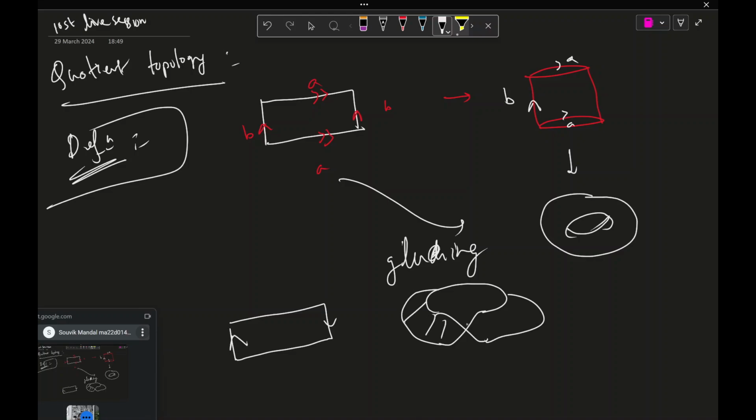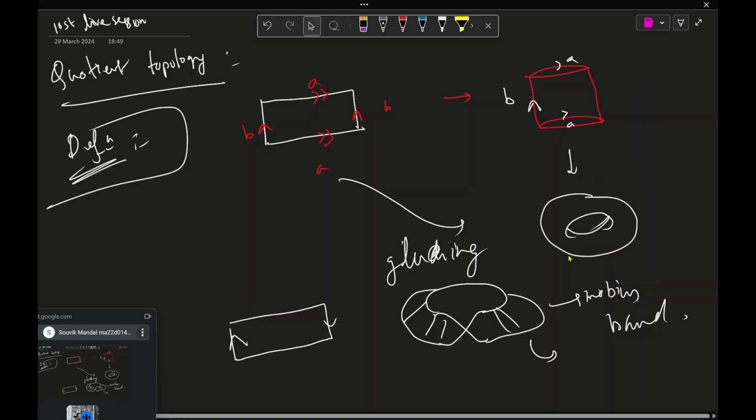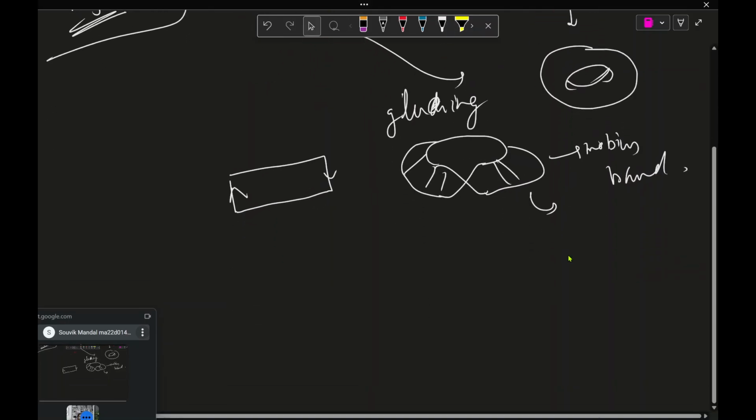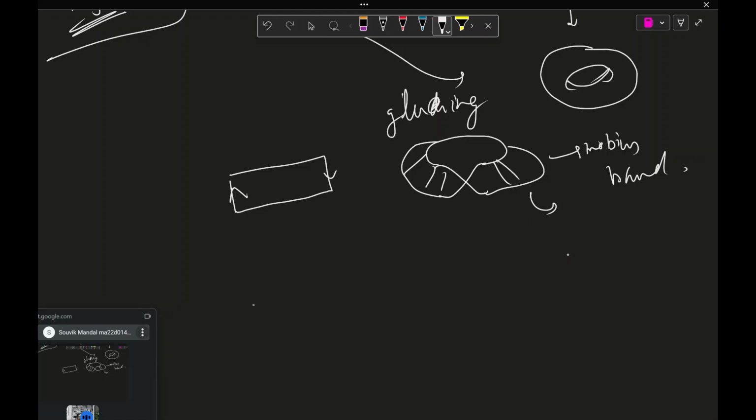It is known as a Mobius band, and it is a very interesting object in topology. This method of gluing things is known as quotient topology study.